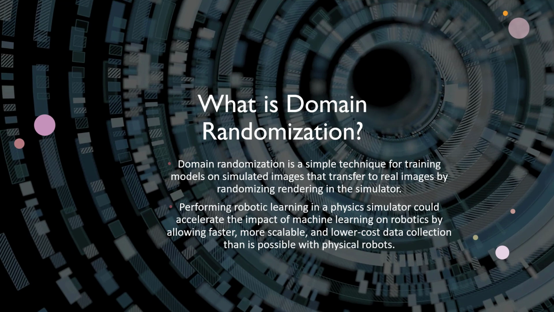Now we will see what is domain randomization. Domain randomization is a simple technique for training models on simulated images that transfer to real images by randomizing rendering in the simulator.